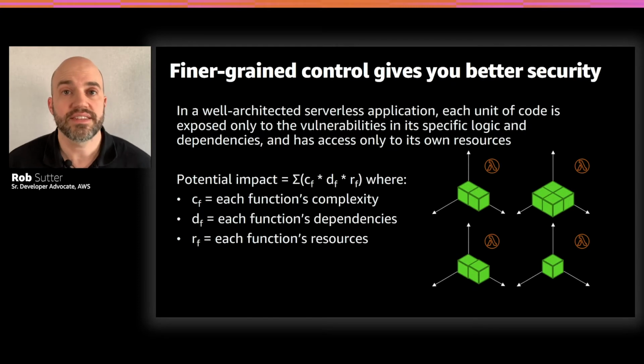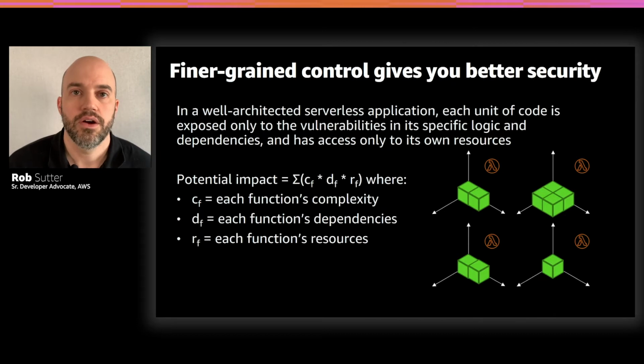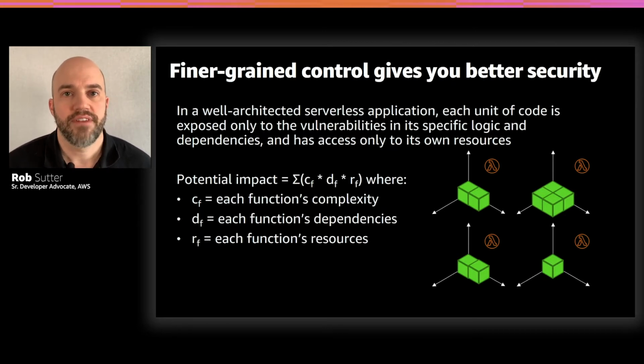You also have access to fewer resources. For example, your customer writer function could only have access to write to your customer database. It wouldn't have access to read or to access any other database at all. Finally, you would use fewer dependencies in each function. Each function only needs the dependencies to perform its core business logic.